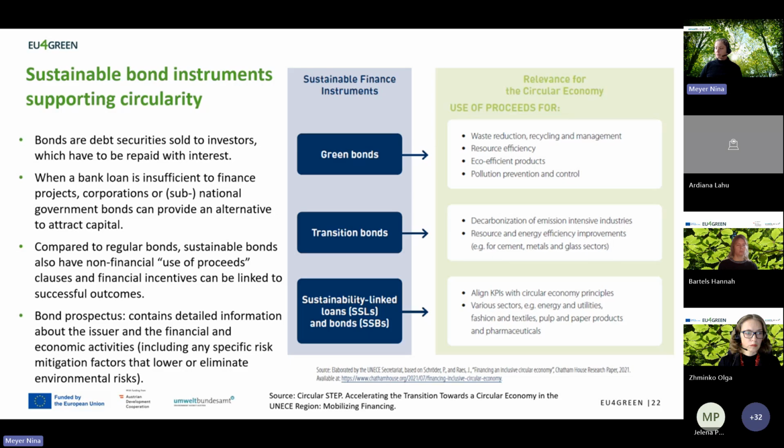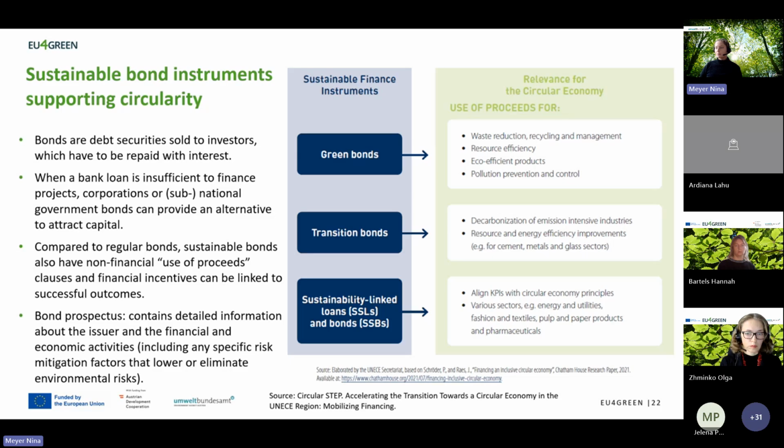So sustainability linked loans and bonds focus more on companies that improve their environmental and social performance. On the right side, we have a graph from the UNECE Accelerating the Transition Towards a Circular Economy guideline, which shows a little bit the use of proceeds for the different kinds of bonds. We have green bonds, transition bonds, and sustainability linked loans and bonds.